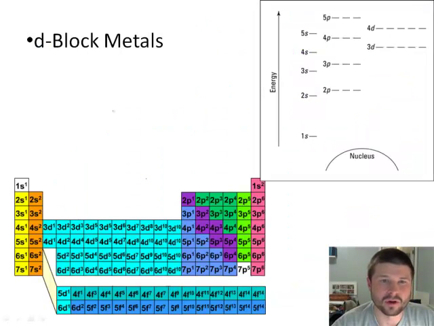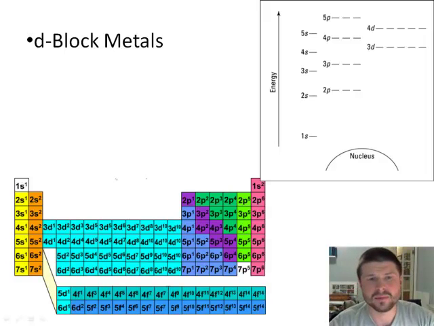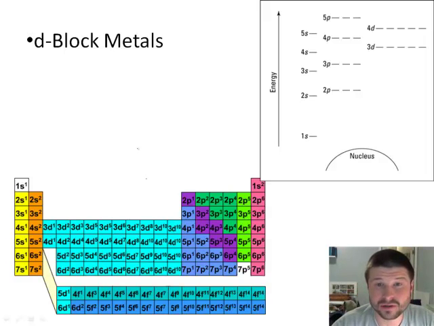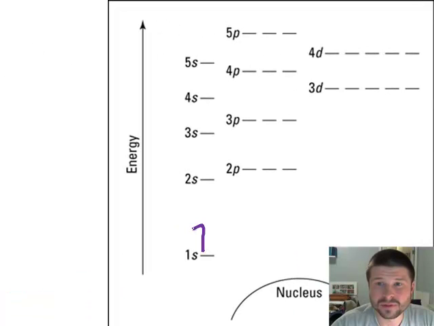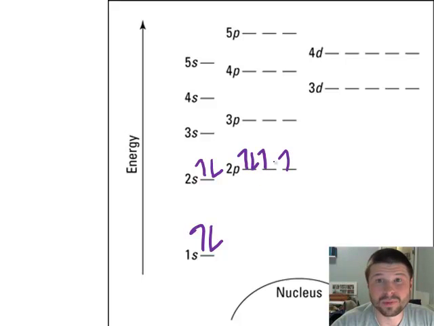The next thing we need to talk about are our d-block metals. Now what makes those so special is they have certain properties. Sometimes when I have a half-filled energy level, if I look at an energy diagram here, I would fill this up in order, remember, with our up and down arrows, 1s2, 2s2, and then I would fill these up one at a time until they're all filled, and then I would go back and fill in the down arrows.